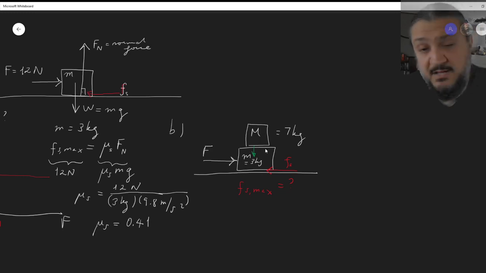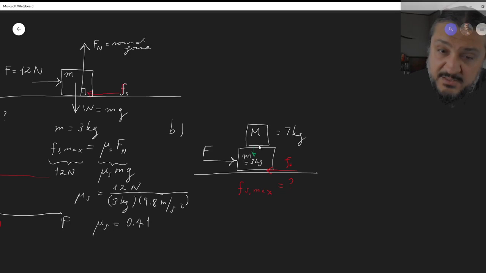And then there is a normal force or contact force between the two masses as well in the other direction. Actually these two forces are Newtonian pairs, right? And we have capital M's own weight, which is downward, W, we can just call it capital Mg.